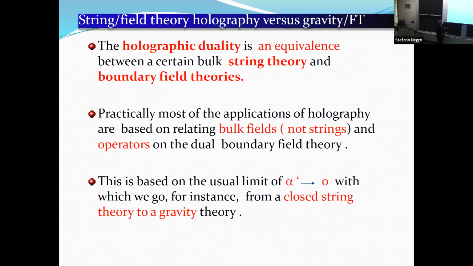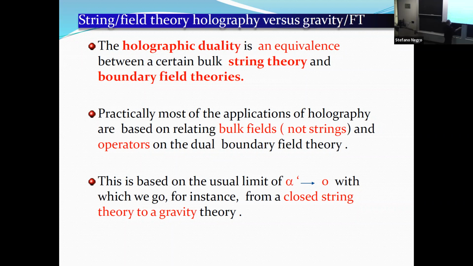I want to emphasize the point: in this sense, this approach is somewhat different from other holographic approaches, in the sense that we are not using the duality between bulk fields and operators on the boundary, but rather use strings. This bulk-to-operator duality is based on alpha prime going to 0.